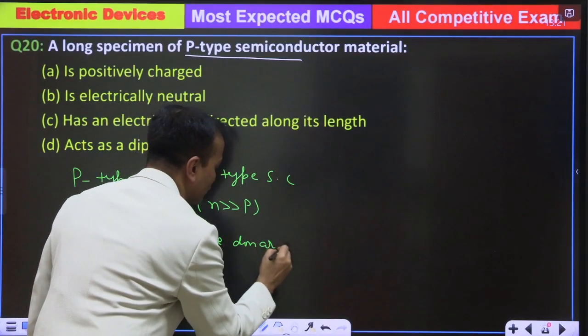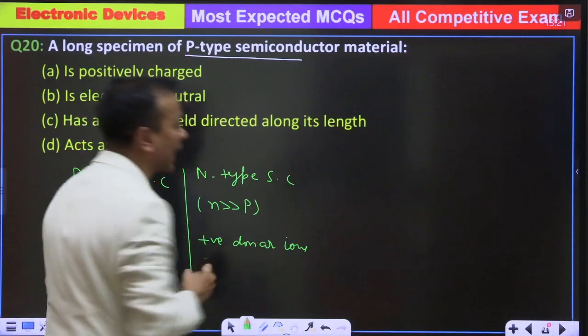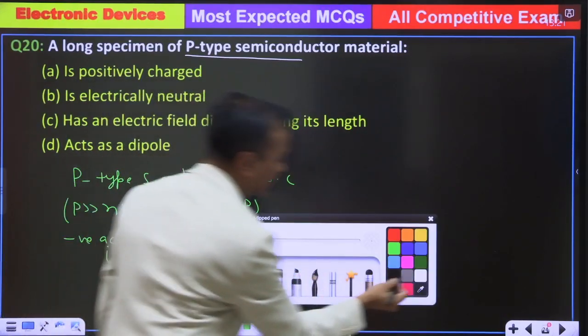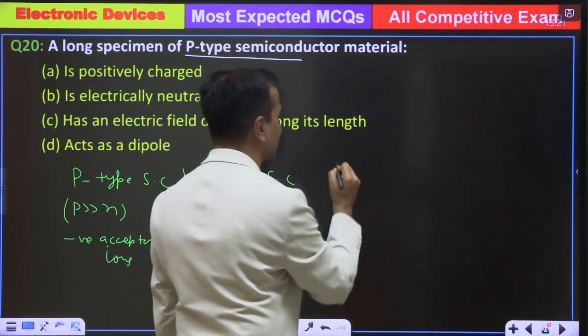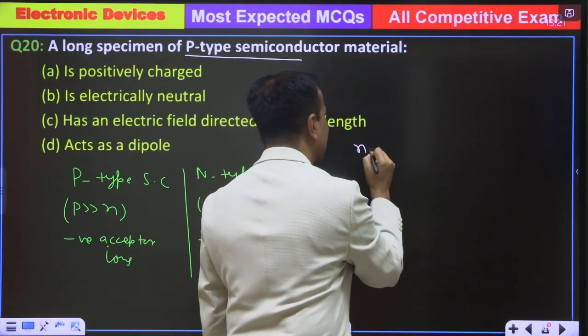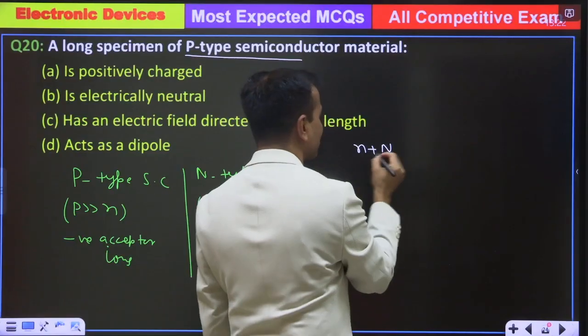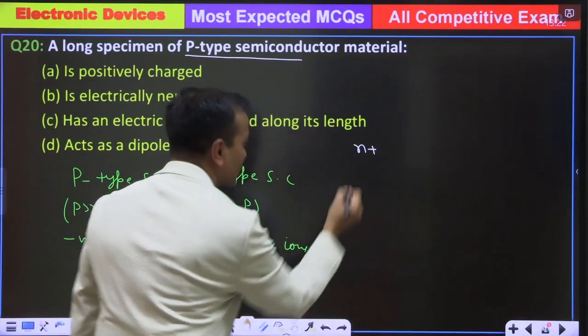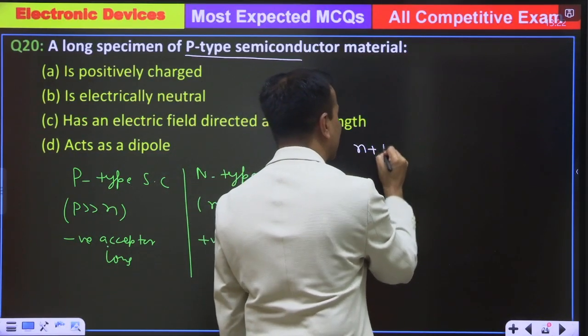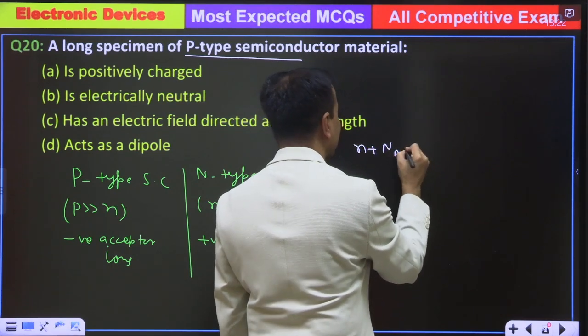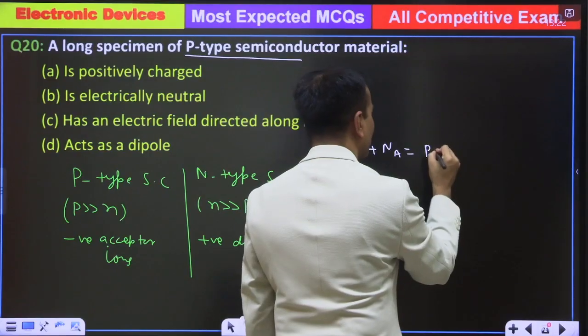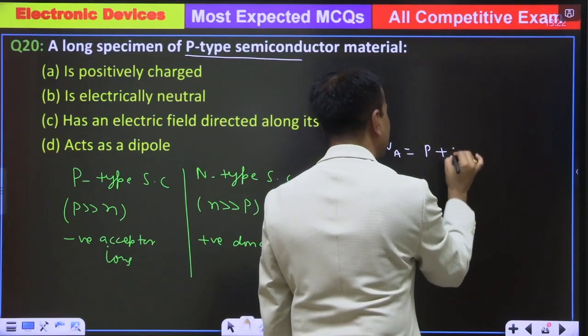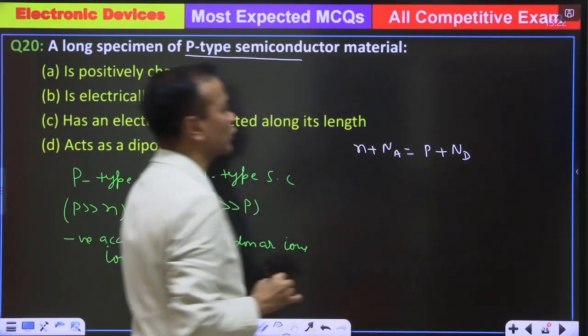And as per electrical neutrality, the general equation is written here as n plus Na is equal to p plus Nd. So what do you mean by this?